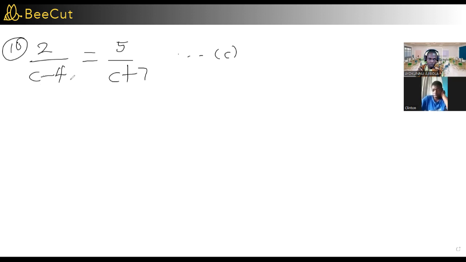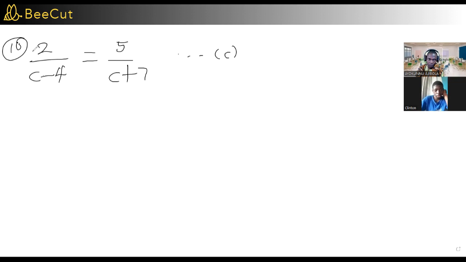Yes, sir. So once you see anything like this, you can follow the procedures. If you want to remove this C minus 4, what will you do? Multiply both sides by C minus 4, yes or no? Yes, sir. And if you want to remove this C plus 7, multiply both sides by C plus 7. When you multiply both sides by C plus 7, it will be cancelled here and remain on the left hand side.